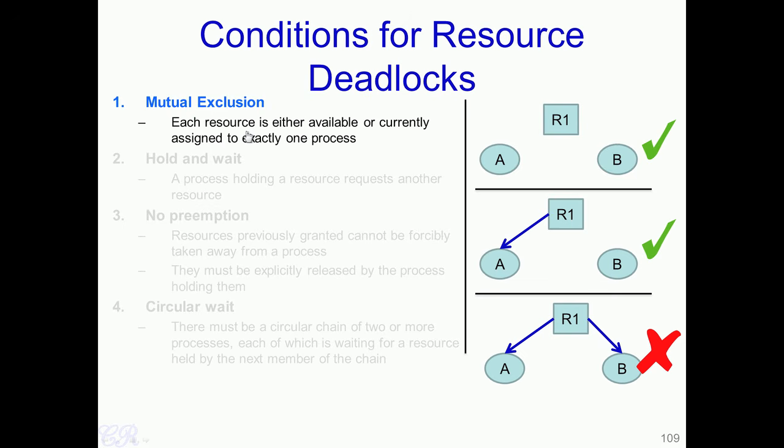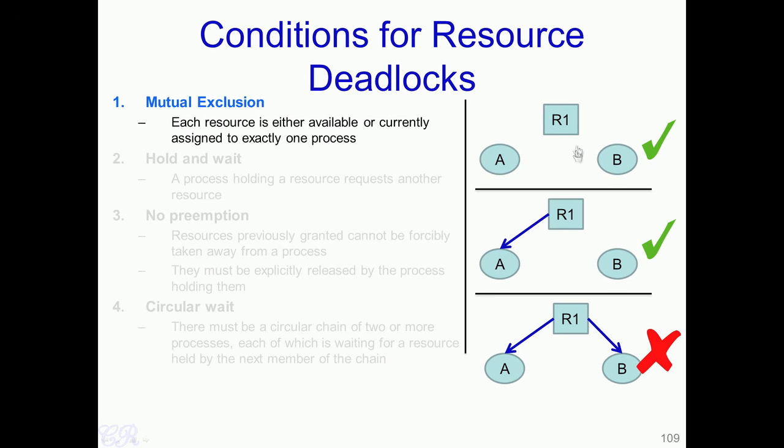What we mean by this is that each resource in the system is either available or currently assigned to exactly one process. So, for instance, over here we have resource R1 which is free. So, it is not assigned to any particular process.